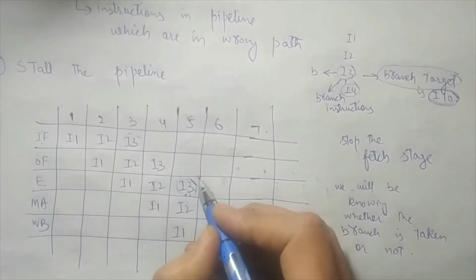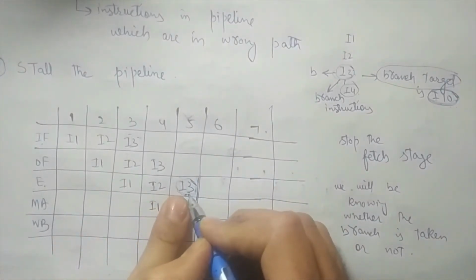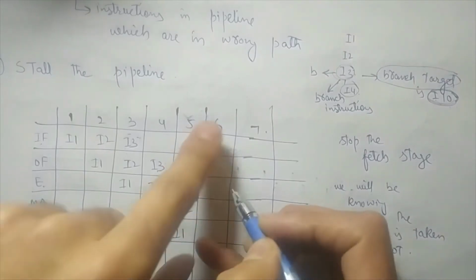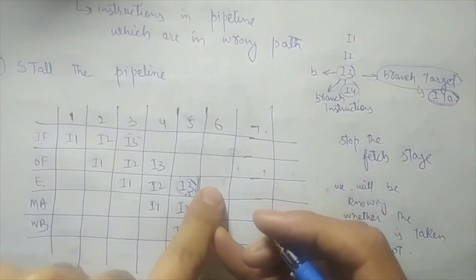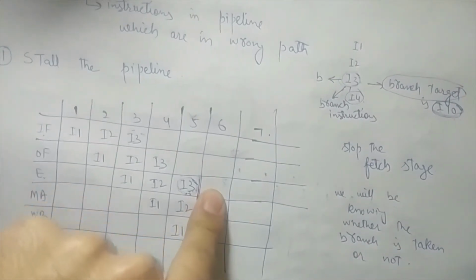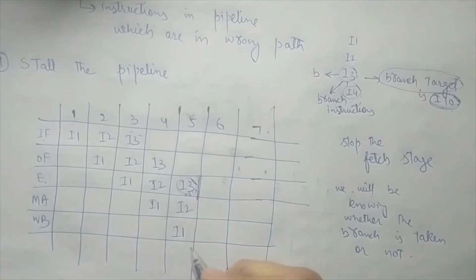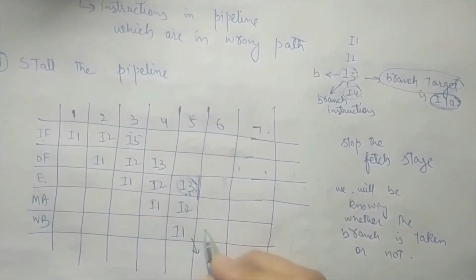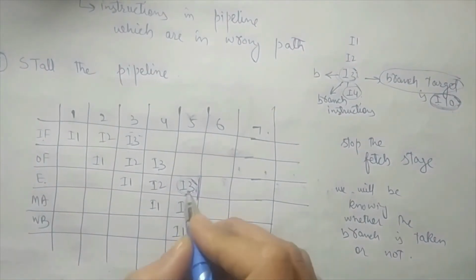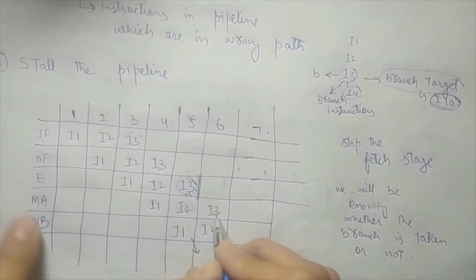After this execute stage of I3, the next cycle is the 6th cycle. In the 6th cycle, we will know the actual instruction to be fetched. I2 will come to write back, and I3 will complete its execute and come to memory access.